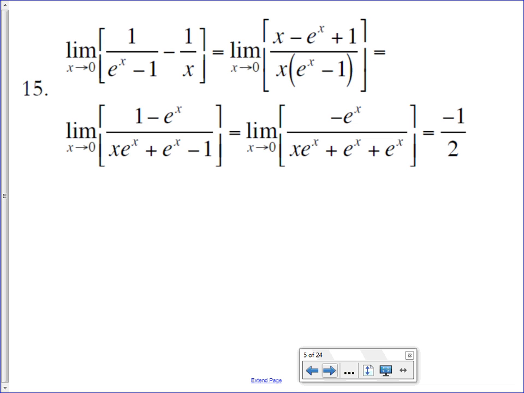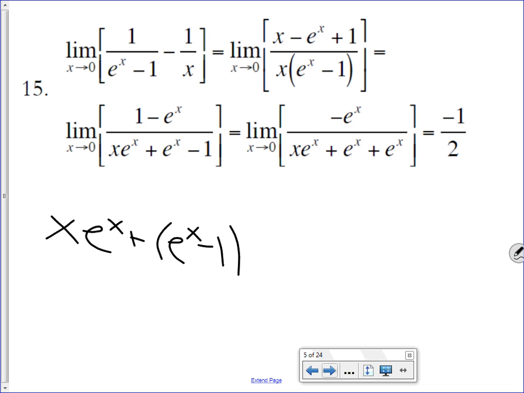This was 0 over 0. Too much talking. It's too hard with too many people. This is 0 over 0. So you apply L'Hopital's. To take the derivative of the denominator, you have to use the product rule. It's first times the derivative of the second plus the second times the derivative of the first. So it's just x e to the x plus e to the x minus 1, the derivative of the denominator.